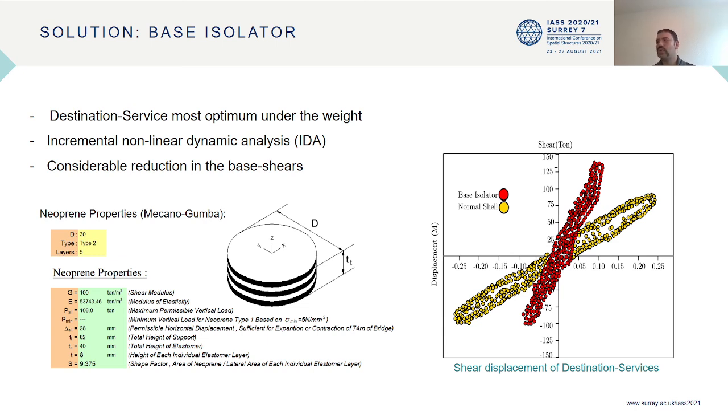As a solution, we found the best method is using a base isolator, and we can see how this technique, which was developed based on the Mechanogumba, can reduce the amount of shear in those shells, to be remade in places with a probability of seismic or earthquake load.